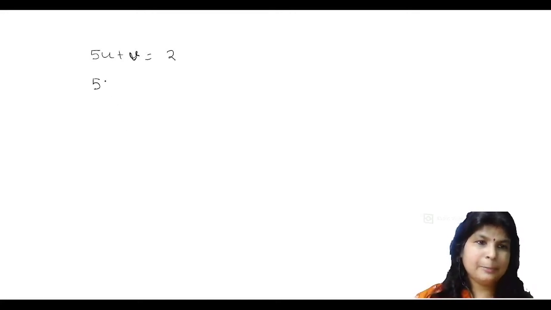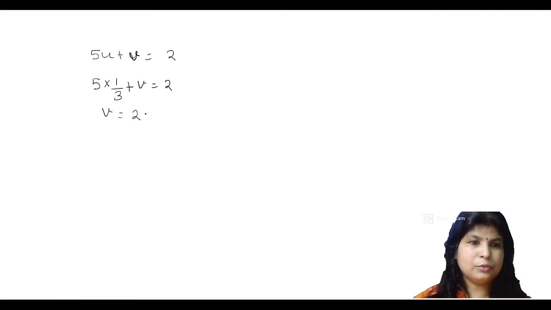So 5 into 1 by 3 plus v is equal to 2. So what is your v value then? So v is equal to 2 minus 5 divided by 3, that is 6 minus 5 divided by 3, and your answer is 1 by 3.